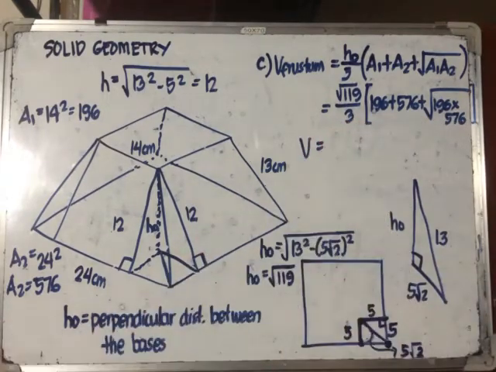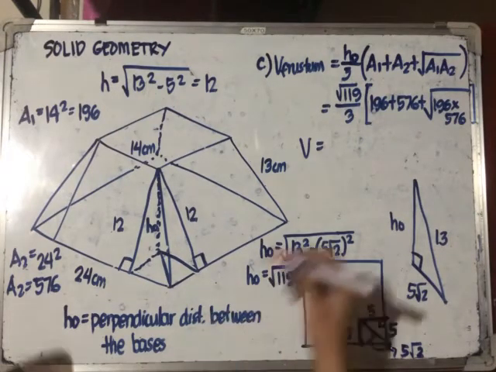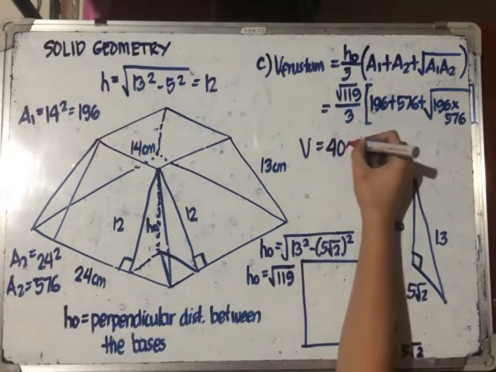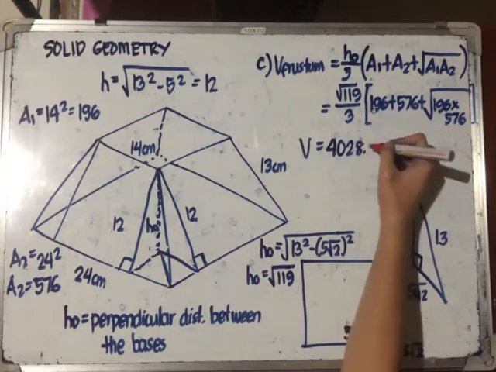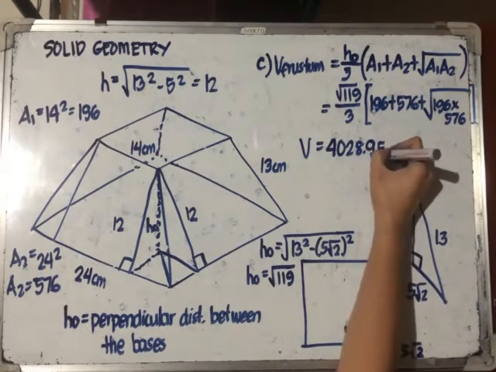Volume therefore is how much? Square root of 119 over 3 times 196 plus 576 plus the square root of 196 times 576. That is 4,028.95.